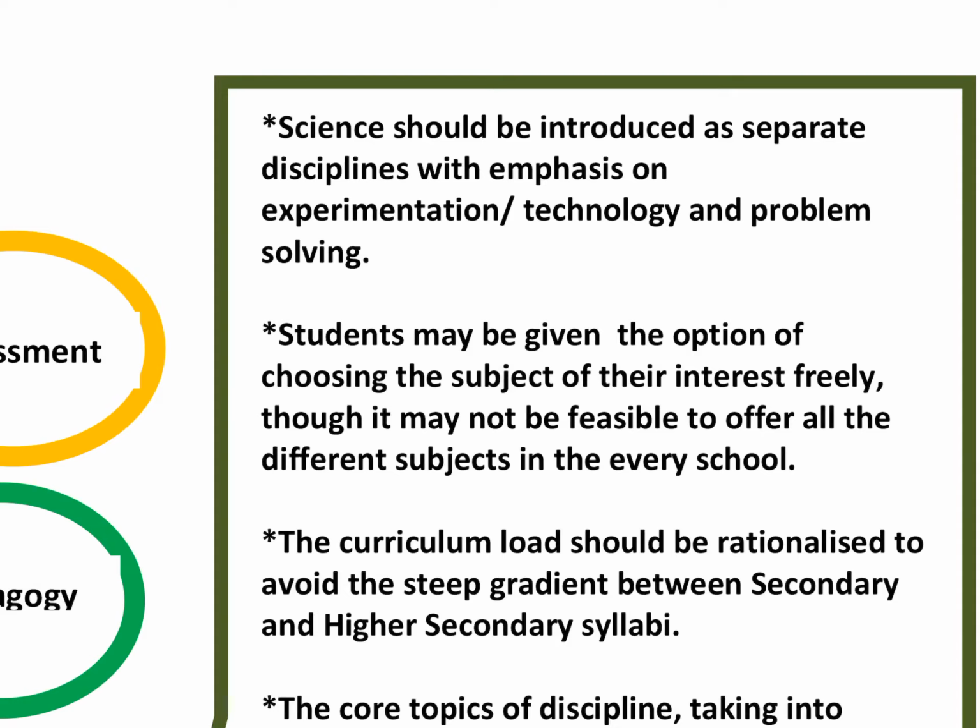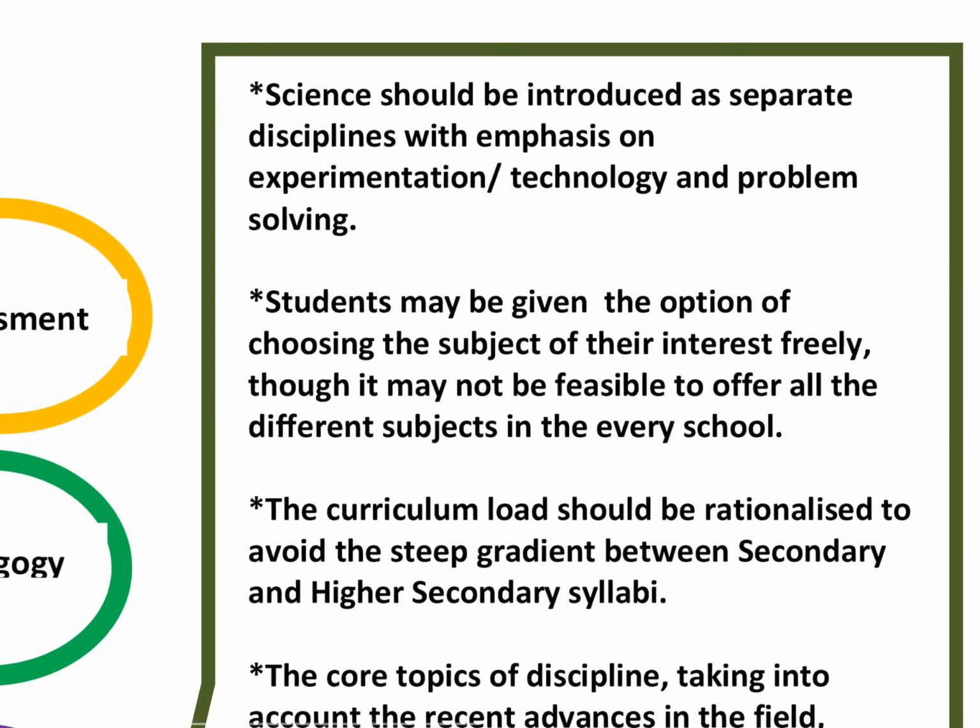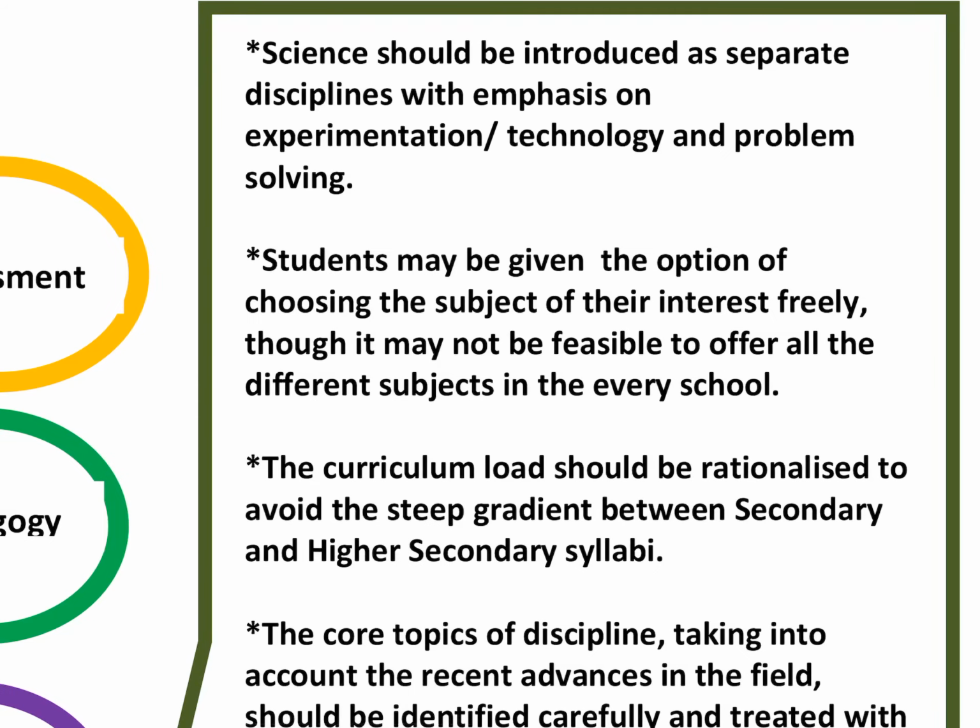Secondly, students of 11 and 12 or senior secondary level students may be given the option of choosing the subjects of their interest freely, though it may not be feasible to offer all the different subjects in every school. So it depends what type of combinations the school can keep depending upon their infrastructure and other facilities.